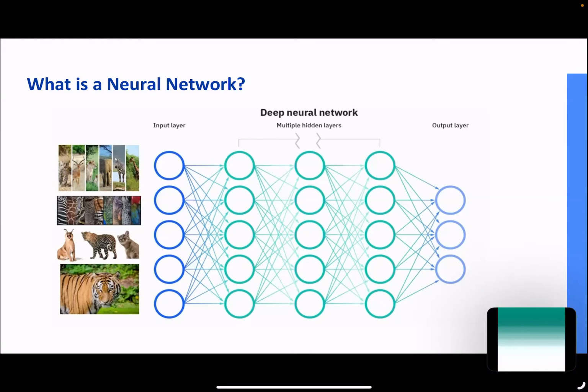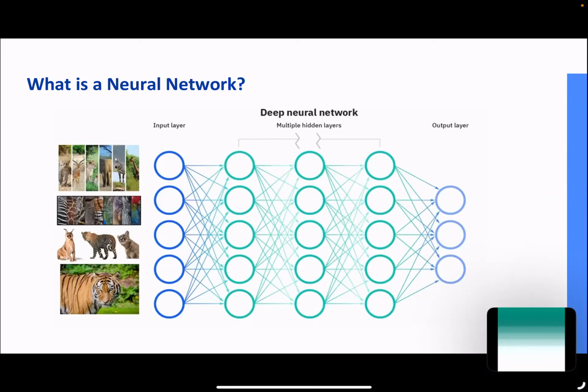In a neural network, in the first layer we have the input layer, where we pass images or our data set to the neural network. In the middle, we have different types of hidden layers. There is no fixed number of hidden layers; it can vary from problem to problem, or we can consider our own hidden layers as well.